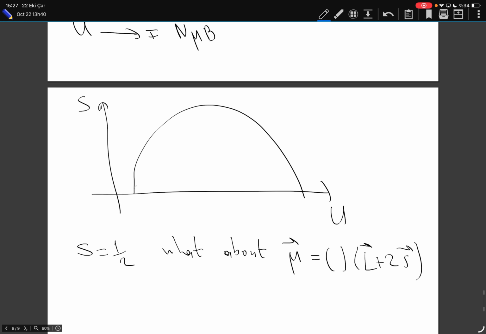This is the general relation between magnetic moment and spin and orbital angular momentum. Any questions before we go? Okay, then we don't have the lecture. In the following week, we start on Monday. So next week, you only have the short exam.